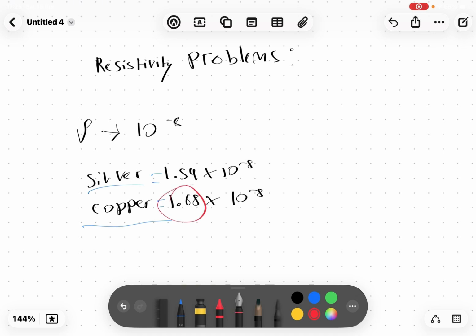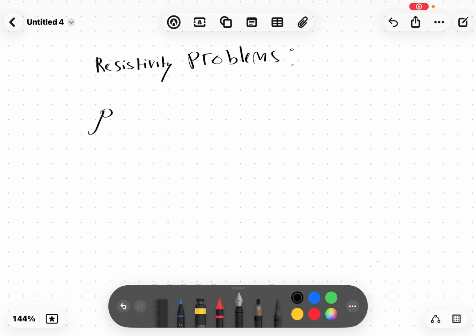You can see copper has higher resistivity than silver, which means if the resistivity is higher, then less electricity can go through, so silver is better.